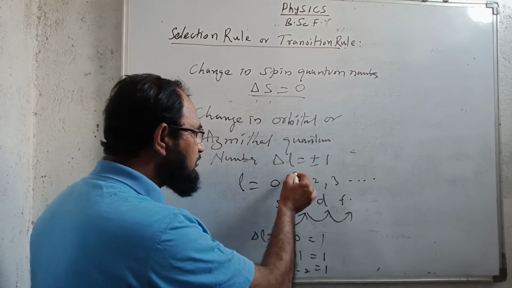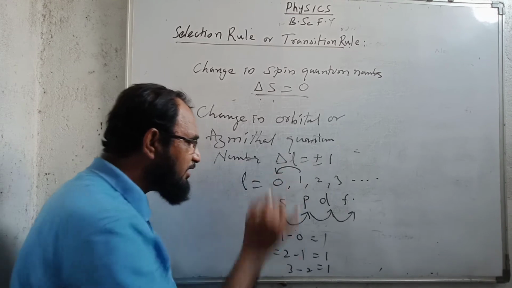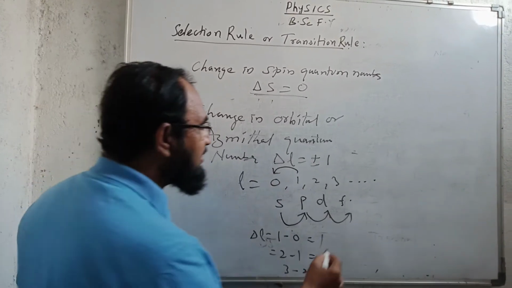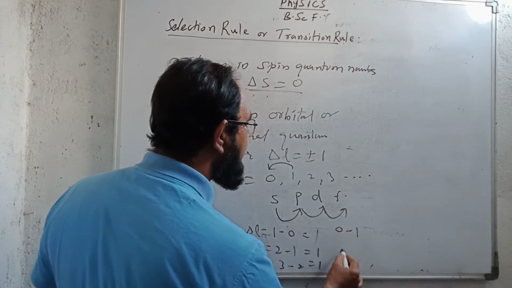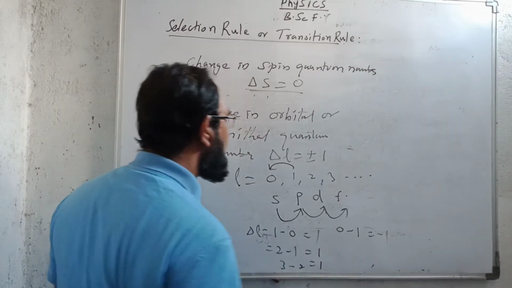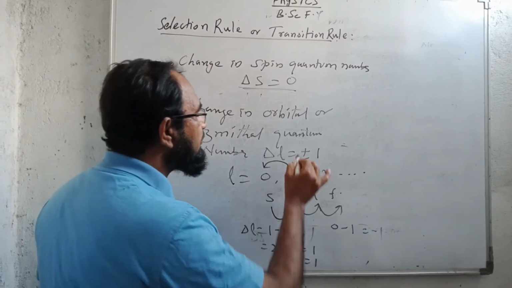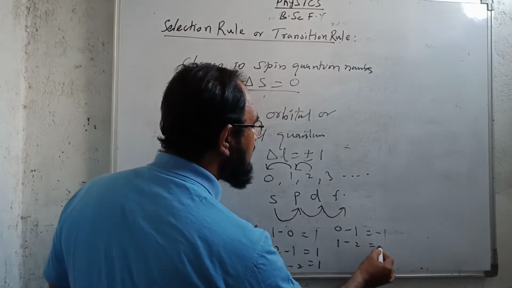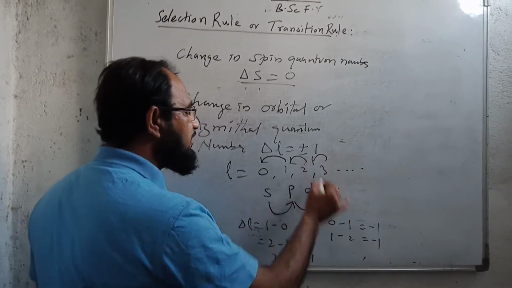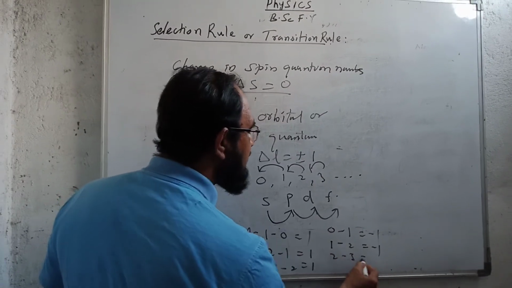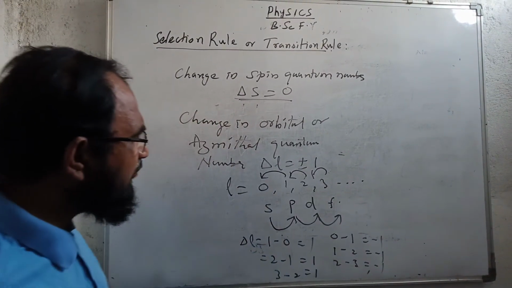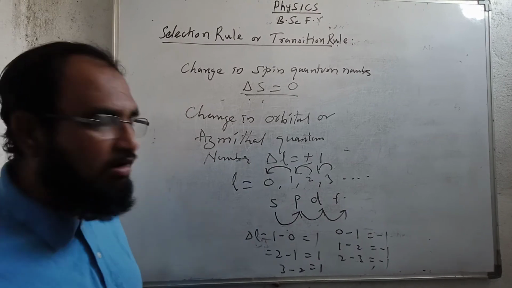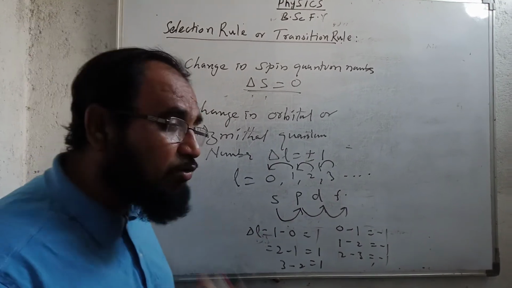Vice versa is also true. An electron may jump from P to S, that is 0 minus 1, which is minus 1, or D to P, that is 1 minus 2, equal to minus 1, or F to D, that is 2 minus 3, equal to minus 1. So the value of delta L should be plus 1 or minus 1. Those are the allowed transitions.